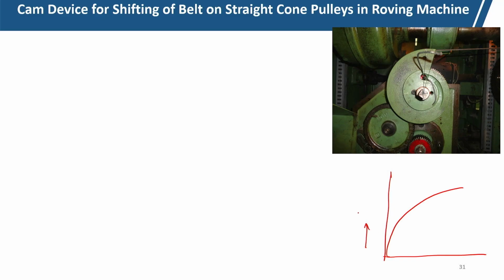This is the shift, this is the number of layers. So, the shifting initially will be very high. That is done by this cam arrangement. Now, let us see how it takes place.